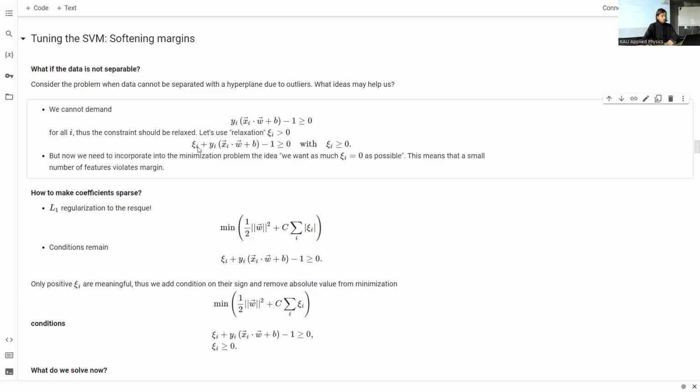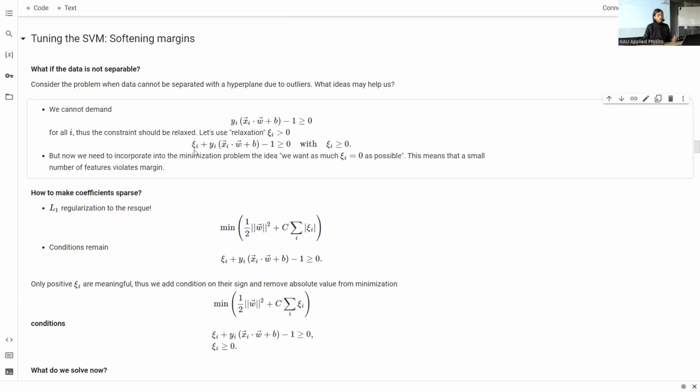I don't just want to add something, because I'm allowing points to be anywhere they want. And now the line that is the farthest from these points will not be between the classes. It will be, I don't know, somewhere out there in outer space. I can't have it even near these points because I have relaxed too much. So I need to constrain this psi i to make it reasonable.